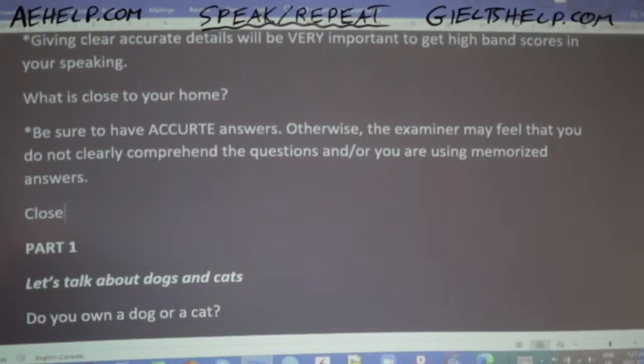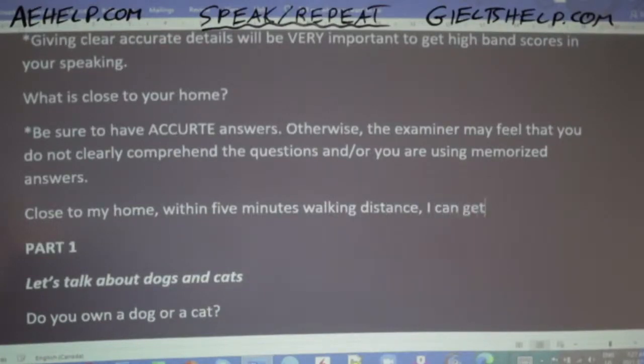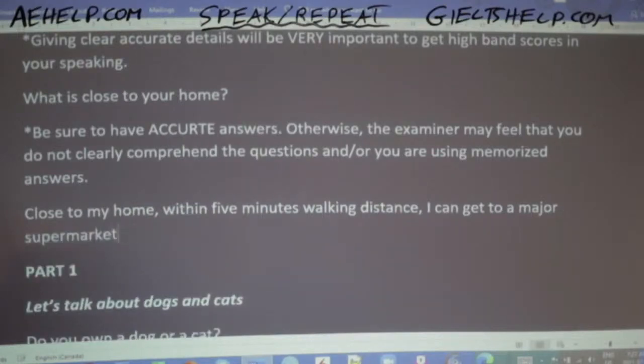Close to my home, within 5 minutes walking distance, I can get to a major supermarket where I buy my groceries.